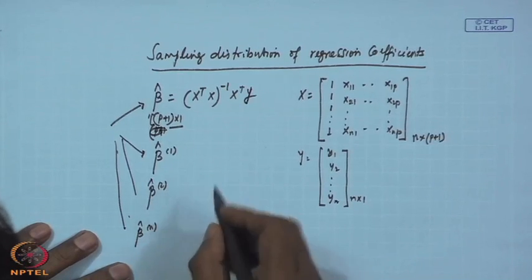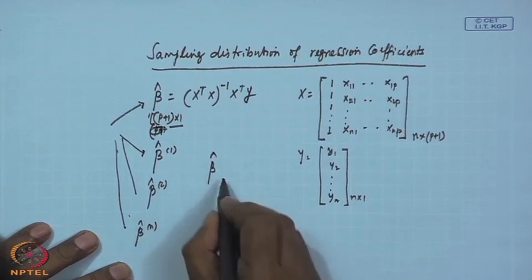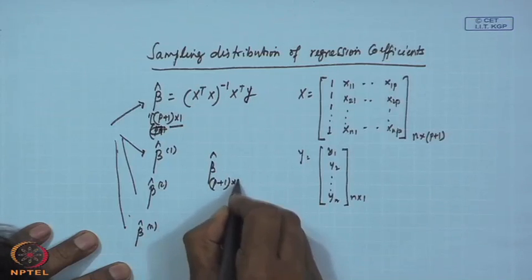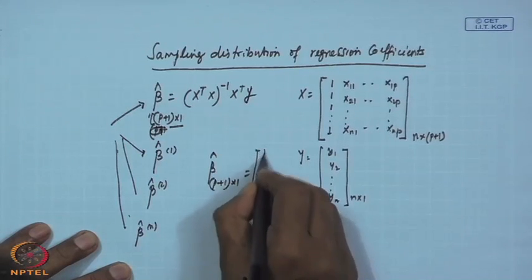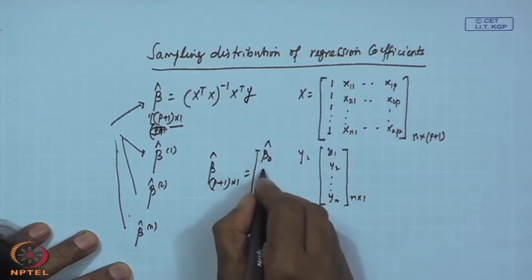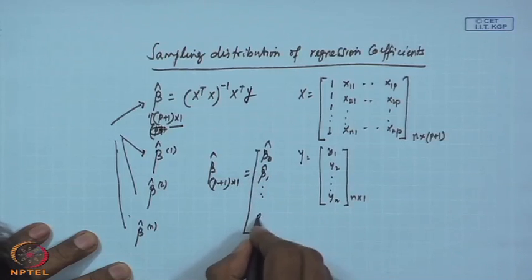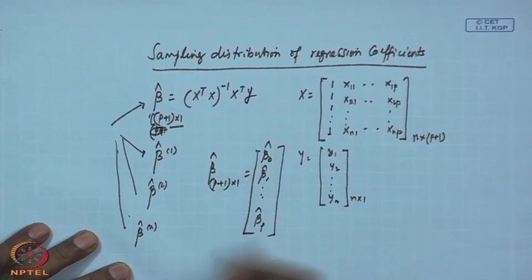And please keep in mind that beta cap is a p plus 1 cross 1 vector, that is beta 0 cap, beta 1 cap, like this, beta p cap.